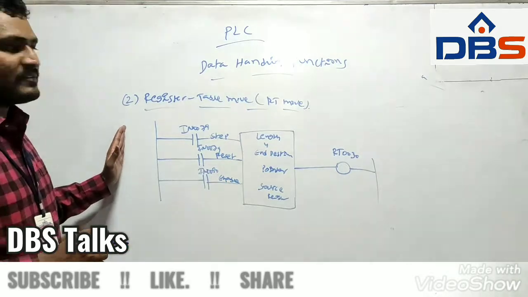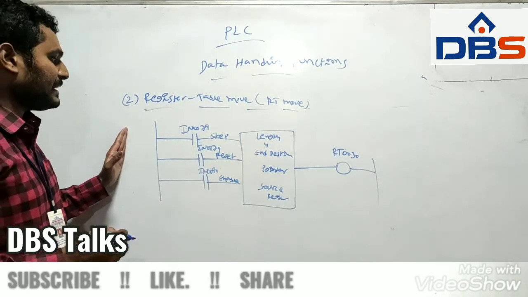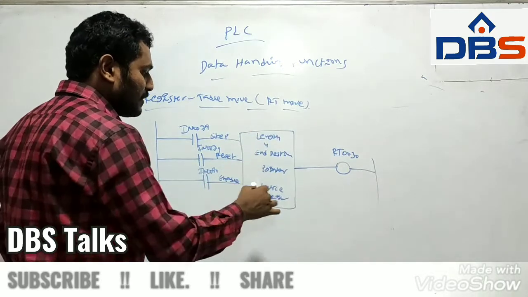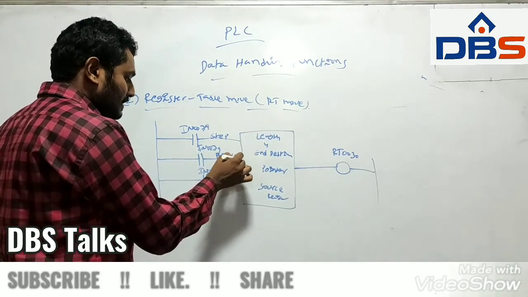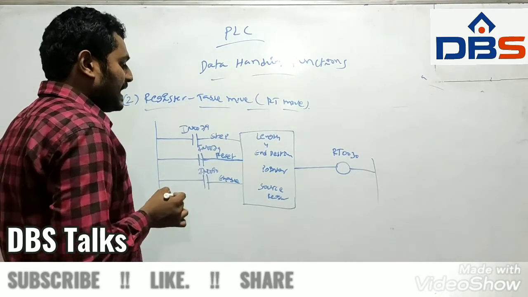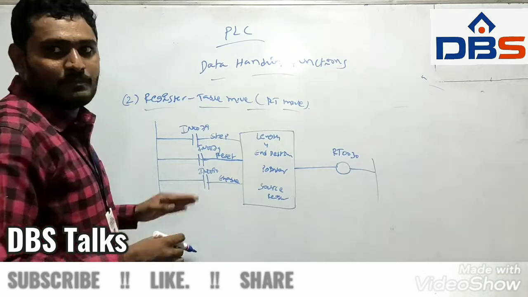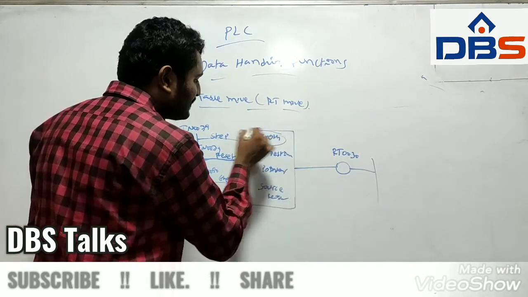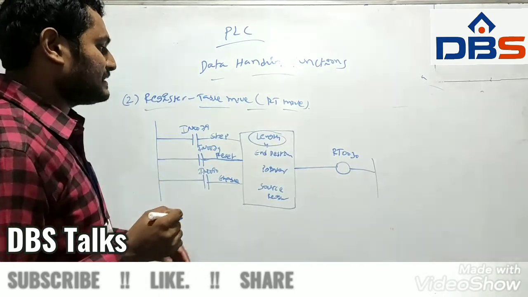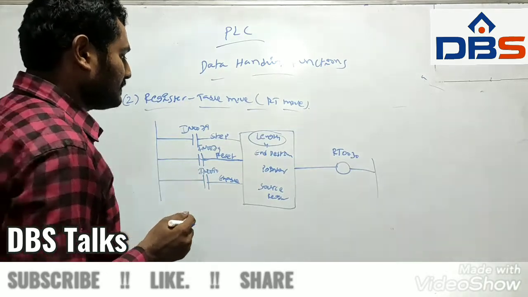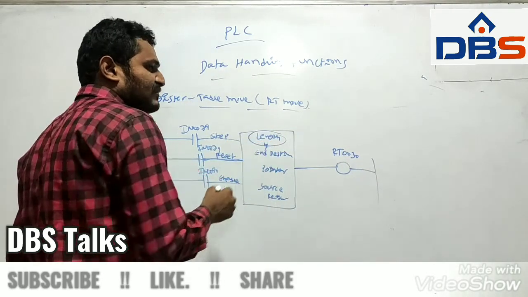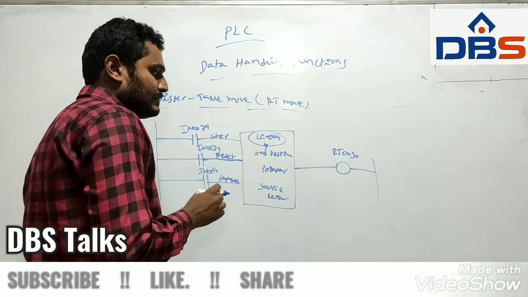This is the block format for the register to table move function. Here I am taking 3 inputs. If you want to turn on this functional block, we have to enable these 3 inputs. By enabling these 3 inputs, we first specify the length of the registers, that is, how many registers we have to take to move the data. The length is 4. Here I am taking 4 registers.